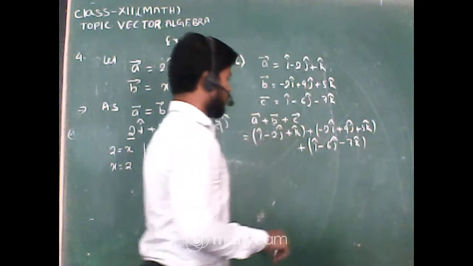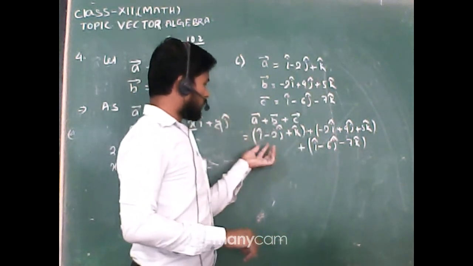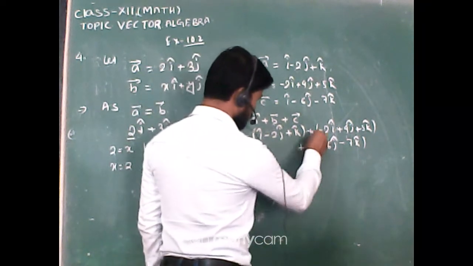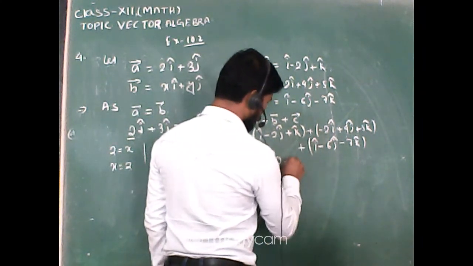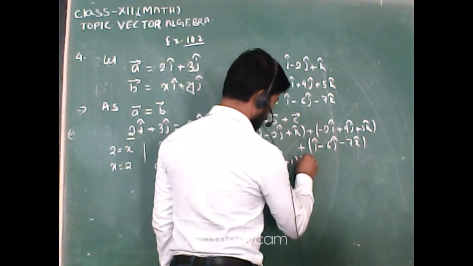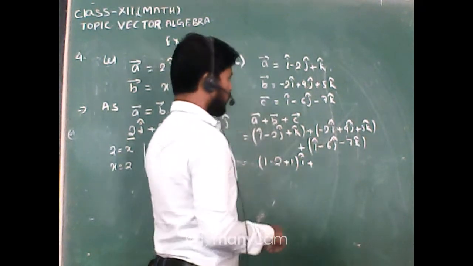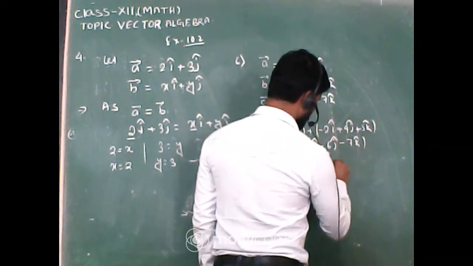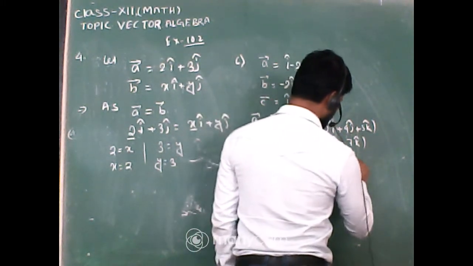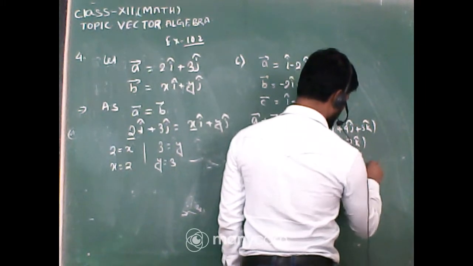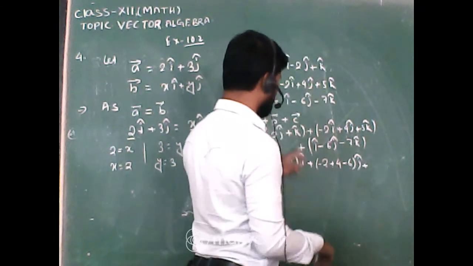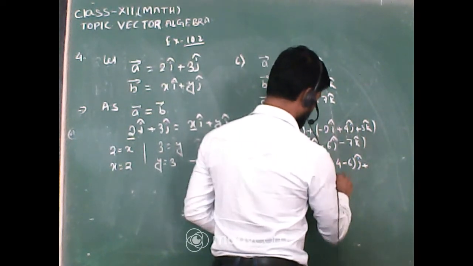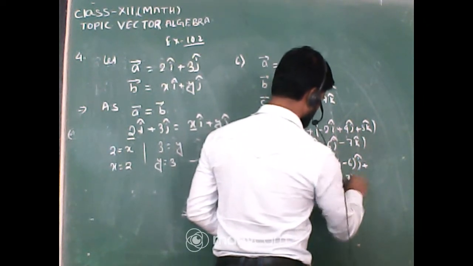Okay, so right now write all the components of i here. So this is 1 minus 2 plus 1, i hat. Now collect all components of j. So that will be minus 2 plus 4 minus 6, j hat, plus the component of k, that is 1 plus 5 minus 7, k hat.